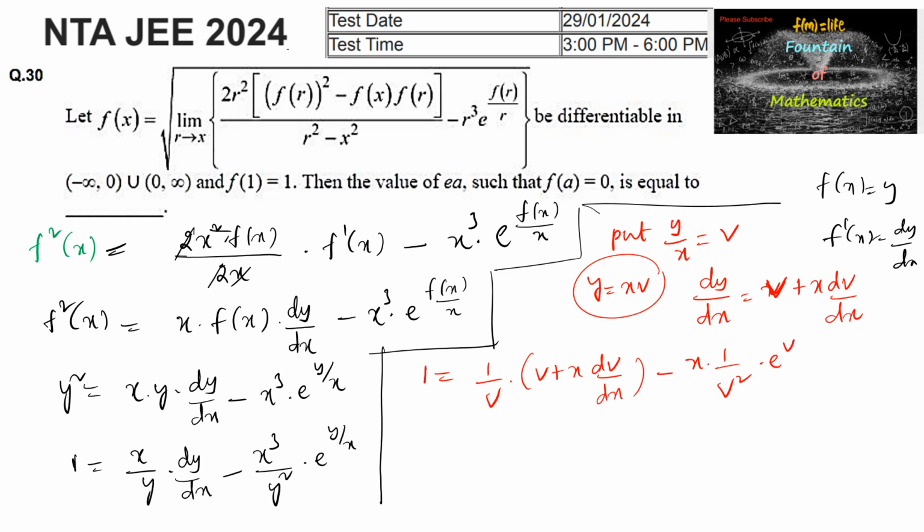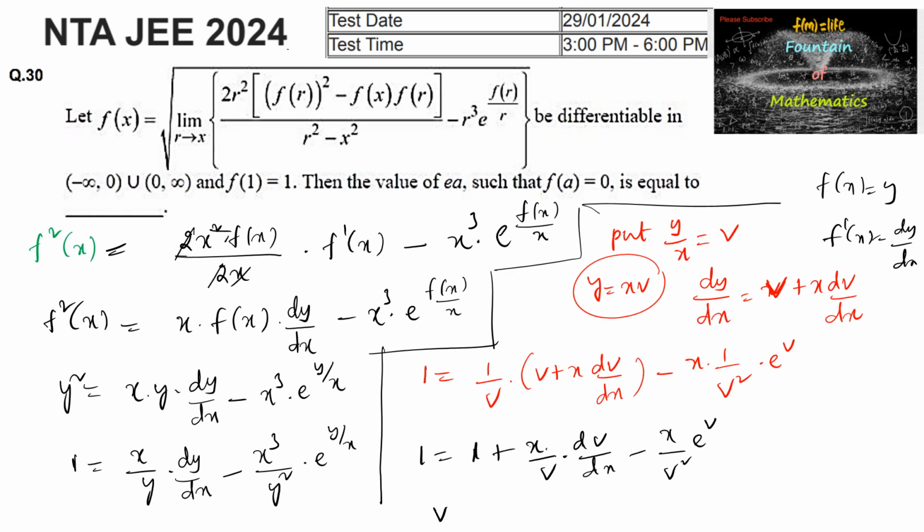Or simplifying, we can write 1 is equal to 1 plus x upon v into dy by dx minus x by v square into e to the power v.